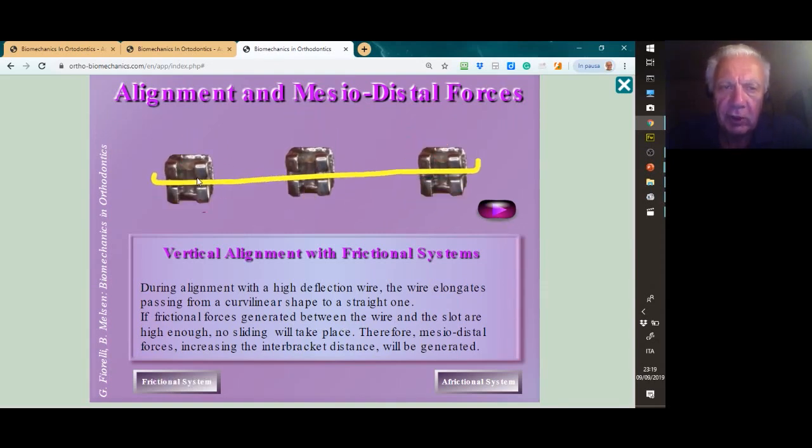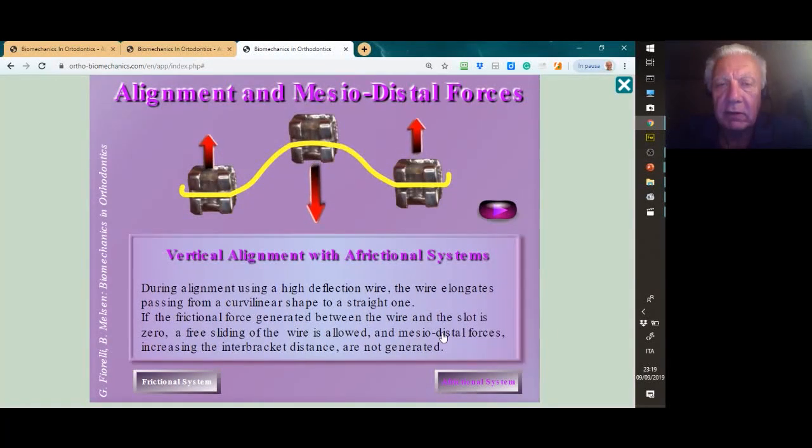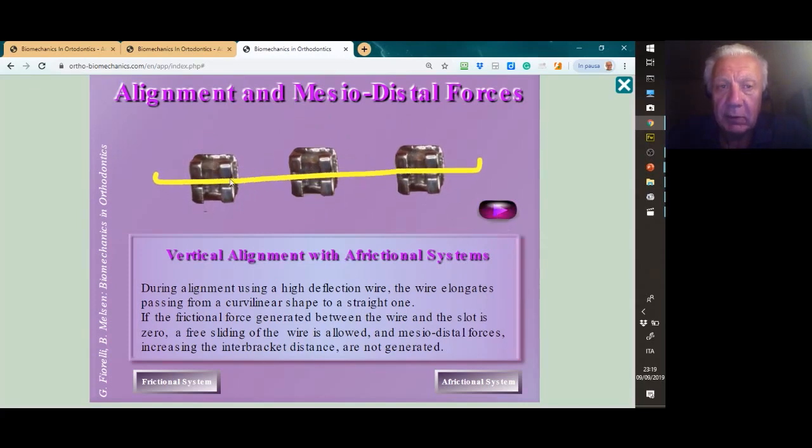So the friction will move the two external brackets apart, and so these would be mesiodistal forces. If the wire is totally free to slide, this does not happen. We could see the alignment with the wire that is getting out of the space between the brackets.